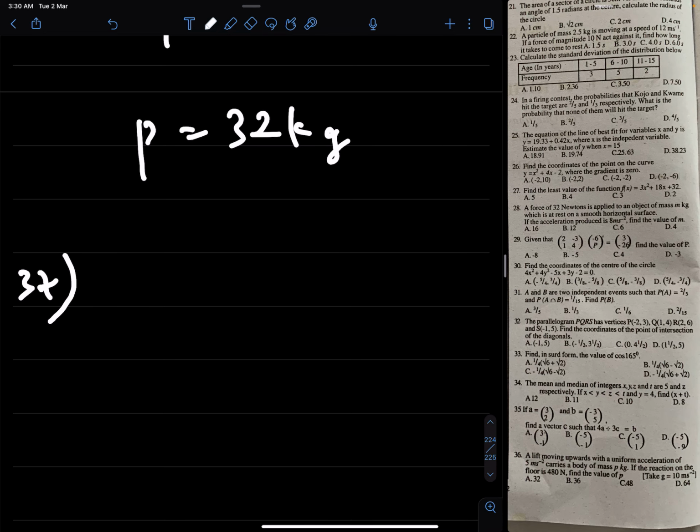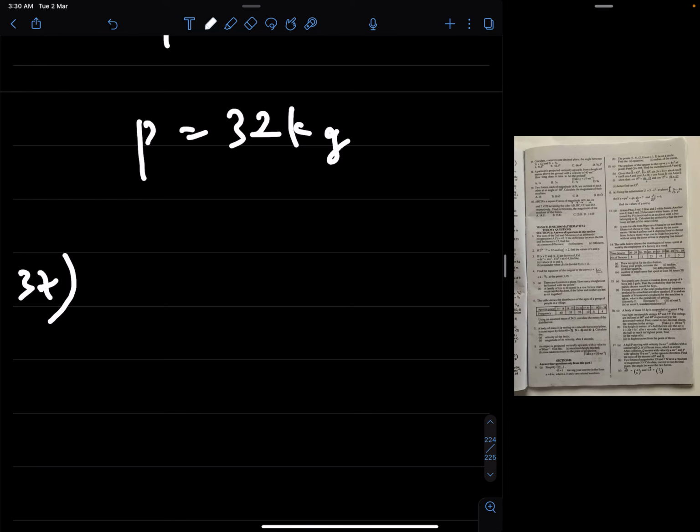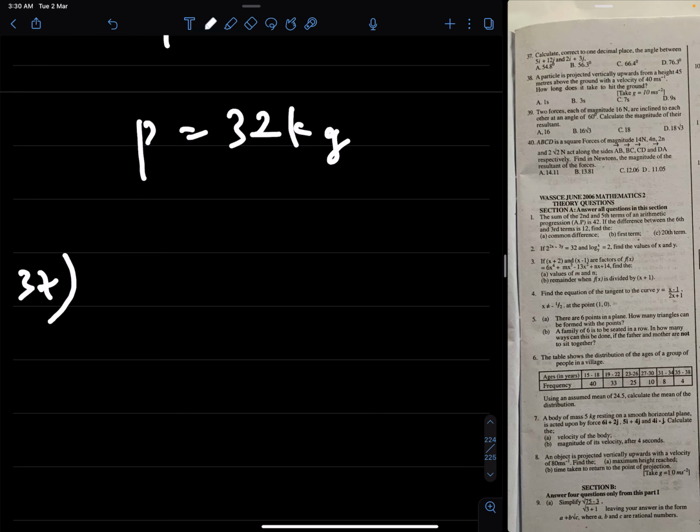The next one is number 37. Question 37 says, calculate correct to one decimal place the angle between the vectors 5i plus 12j and 2i plus 3j. Okay, let me name them.